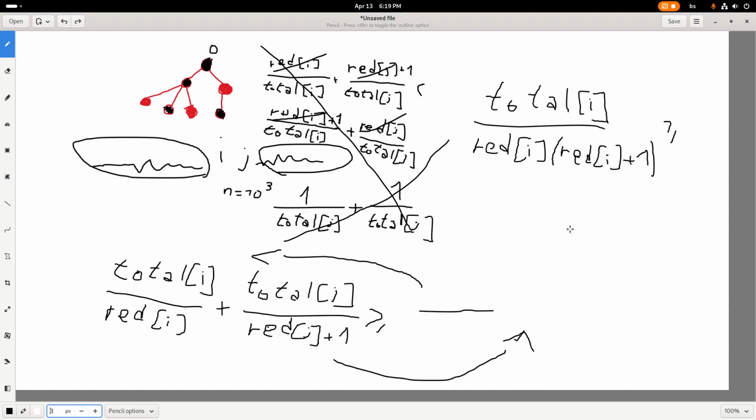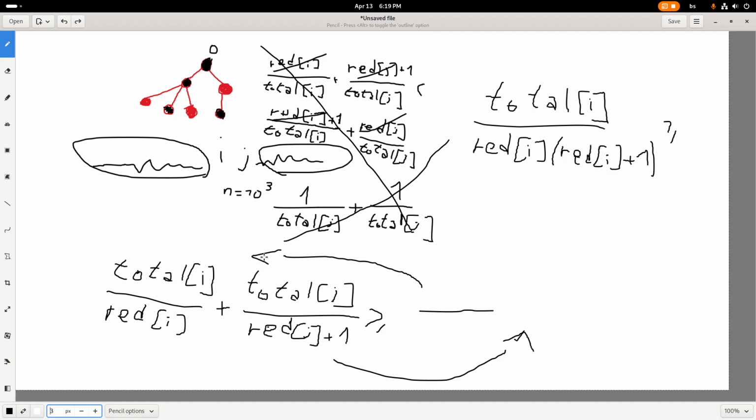Yeah, and I want to take the smallest one at any point, maybe. No, actually, this means if this is smaller, that means that this is smaller.